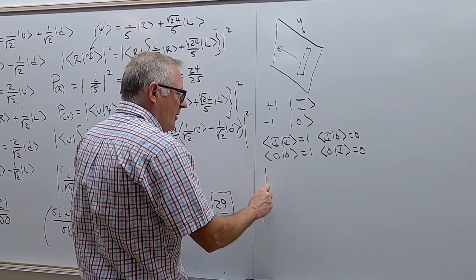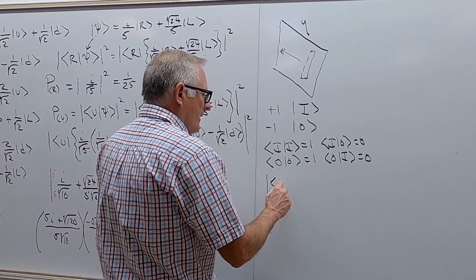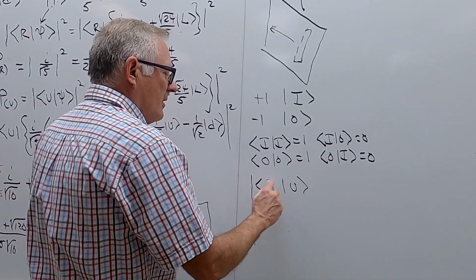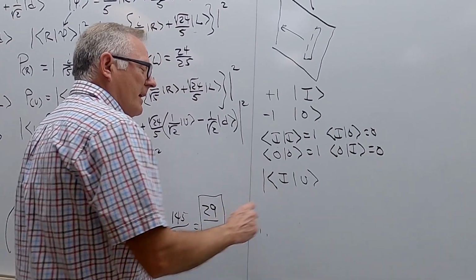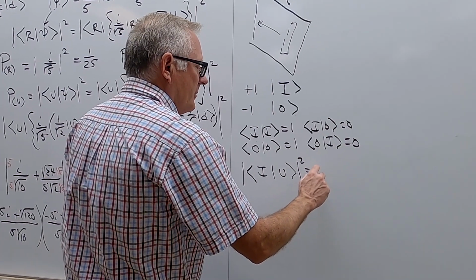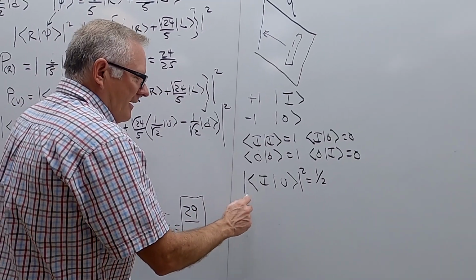So if we were in the up state and we wanted to measure out, or in, it doesn't matter, this gave us 50%, 1/2.